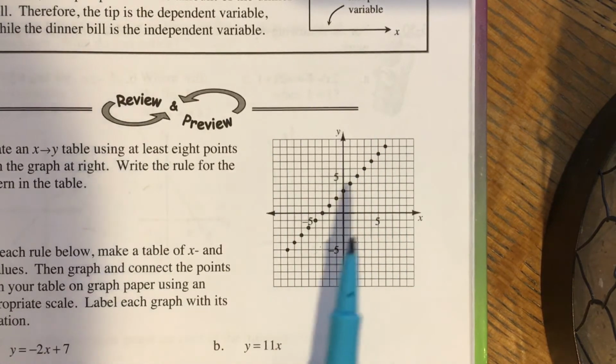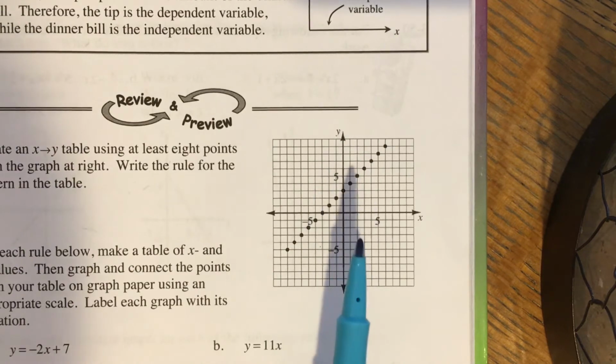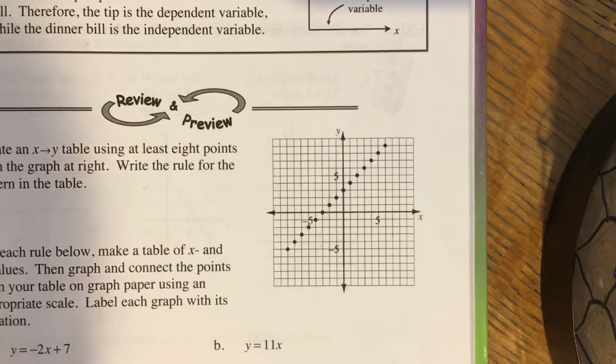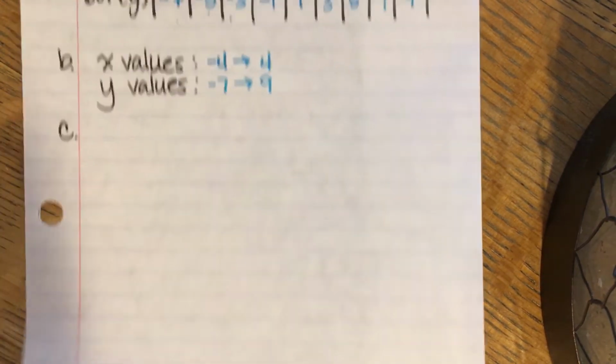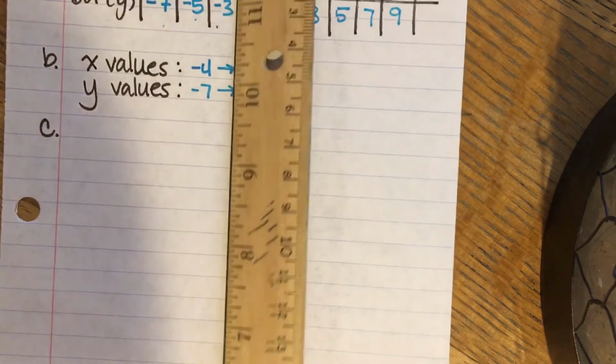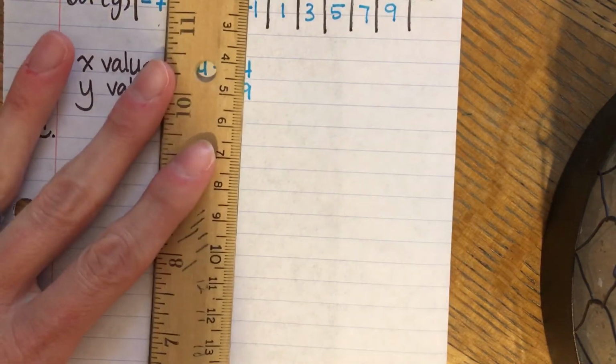So let's set up a grid or a graph that looks like this one. I want all 4 quadrants because I have positive and negative numbers in my table. If I had just had all positive numbers in my table, then I only need quadrant 1. But since I have negatives, I'm going to include all 4 of them. So let's go ahead. I'm going to go ahead and draw mine in there.